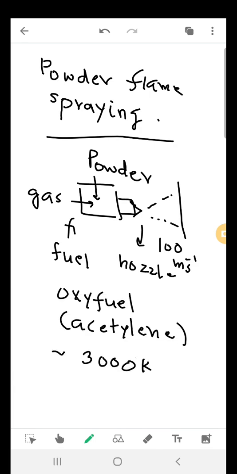So this temperature will melt most metals. So this is one type of thermal spray.